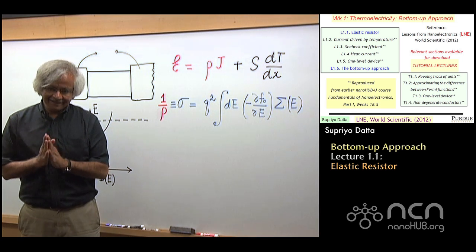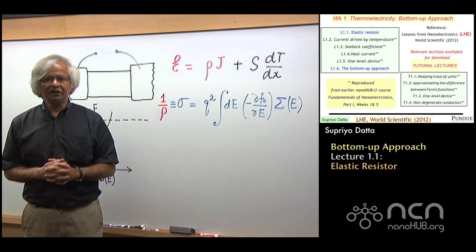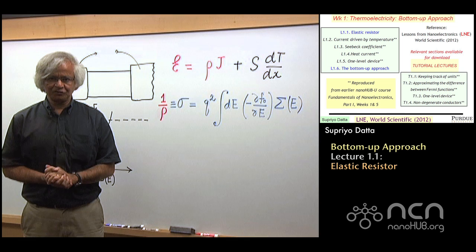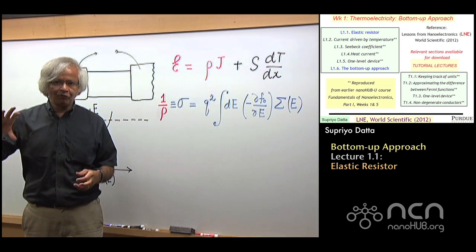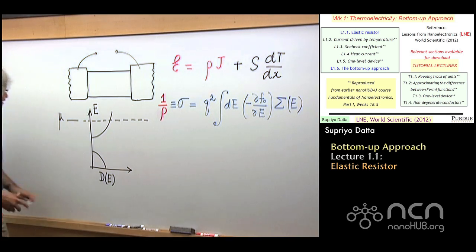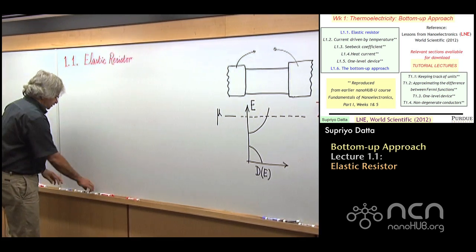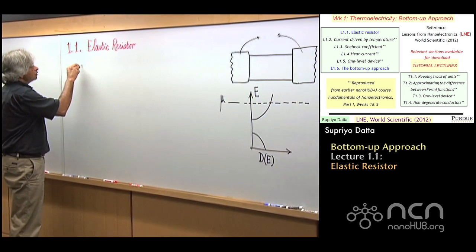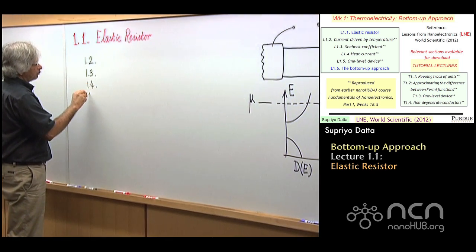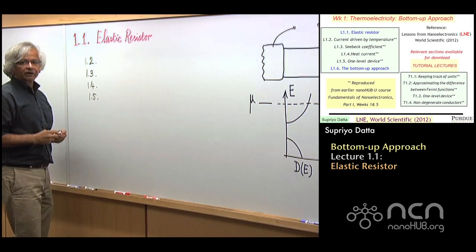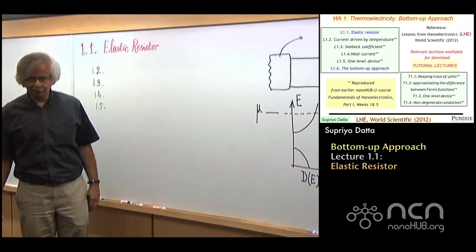What I'll try to do in this lecture is summarize what went on in about 2 weeks of that previous course. So what we are talking about here is lecture 1.1. And then there will be 4 more lectures, 1.2, 1.3, 1.4, and 1.5, which were all recorded earlier as part of week 5 of that old course.